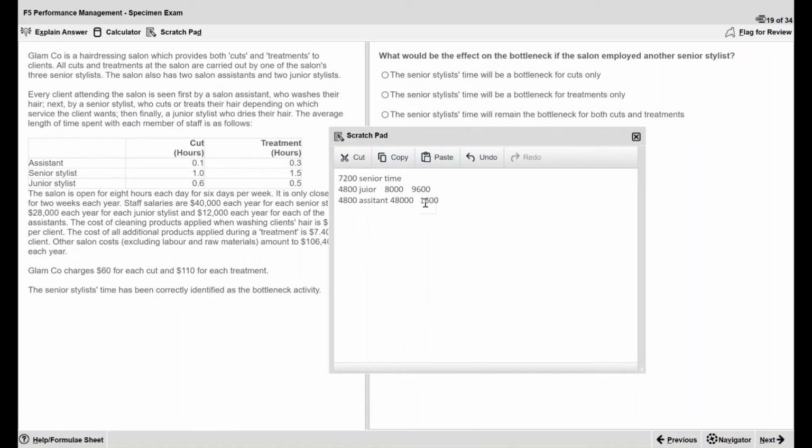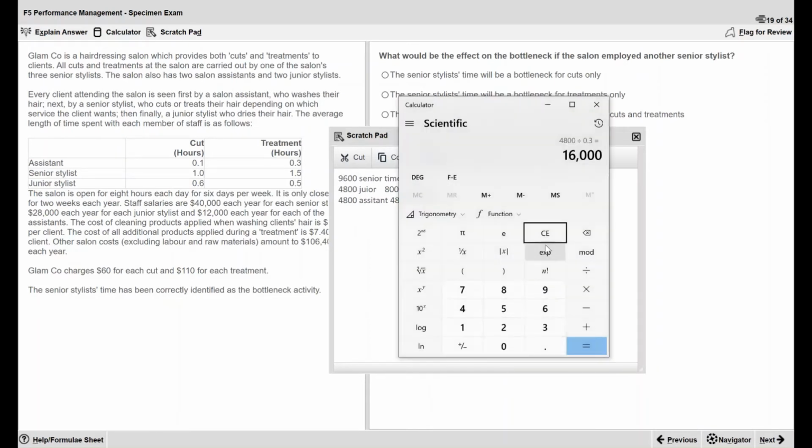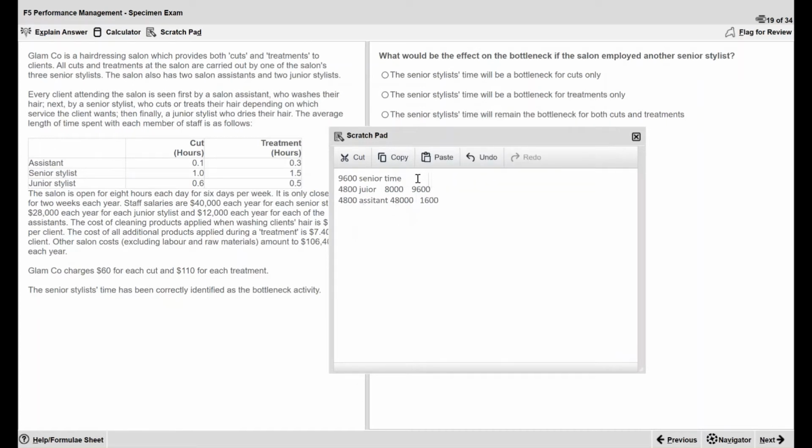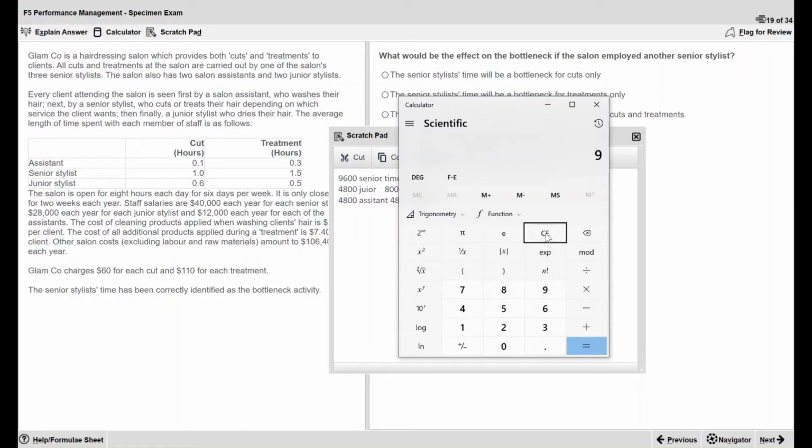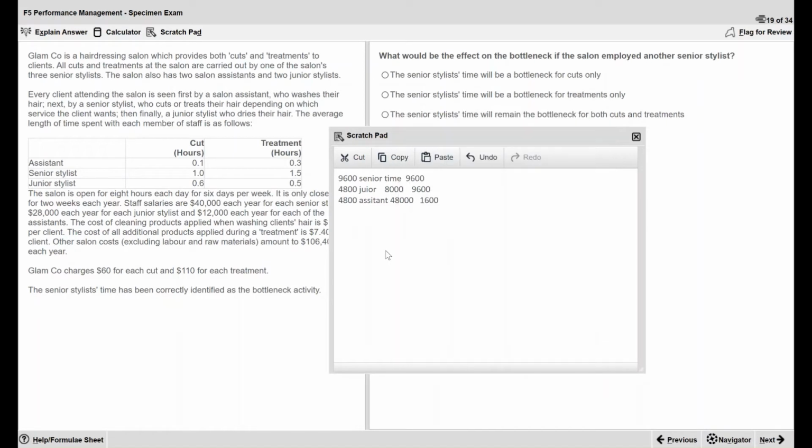So now let's see if this increases, it becomes 9,600 hours as we saw. How much can this perform? Let's divide by 3, multiply by 4. Yeah. So 9,600 divided by 1, obviously 9,600. So now you can see the bottleneck activity here is now junior stylist, because the capacity here has become more now. 9,600 divided by 1.50, 6,400.